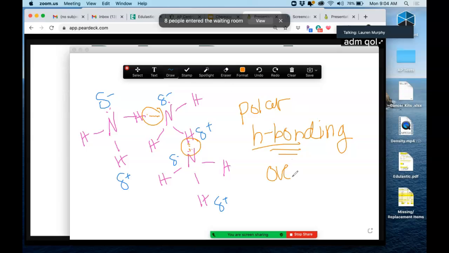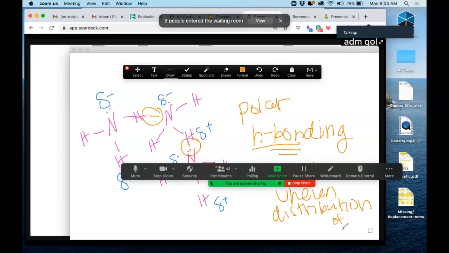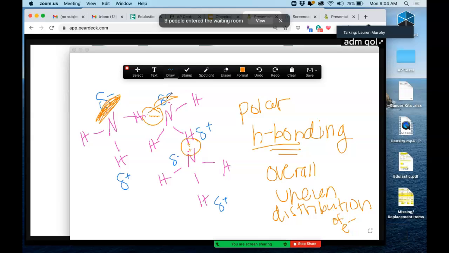There is overall uneven distribution of the electrons, meaning most of the electrons are hanging out up here next to the nitrogen because the nitrogen's yanking harder on it.